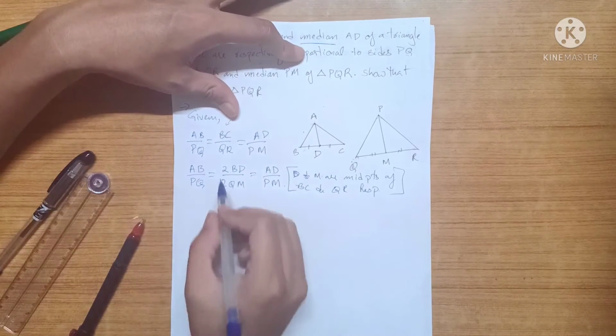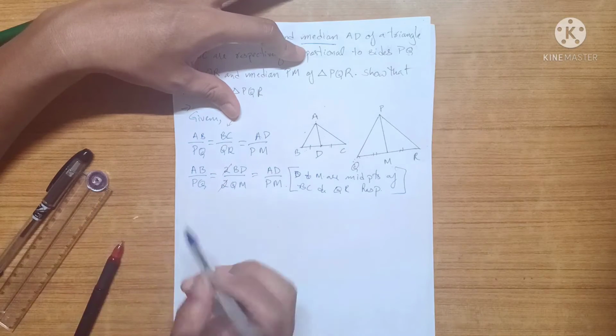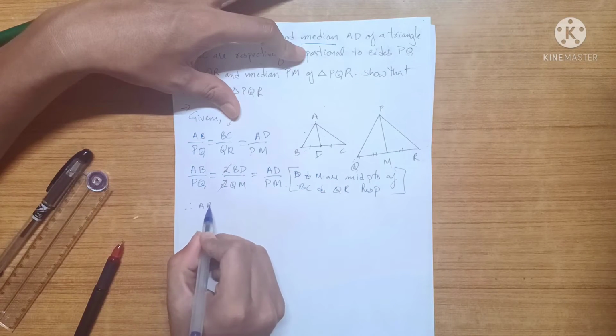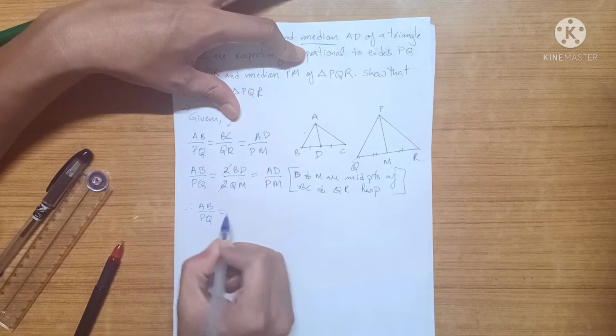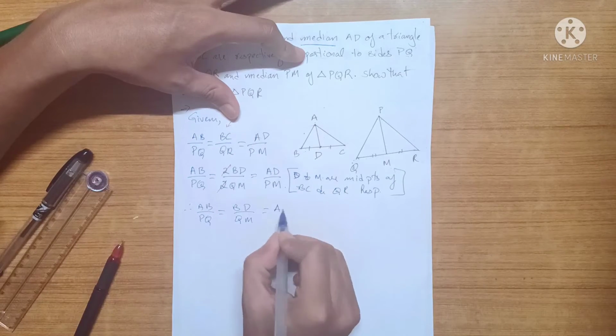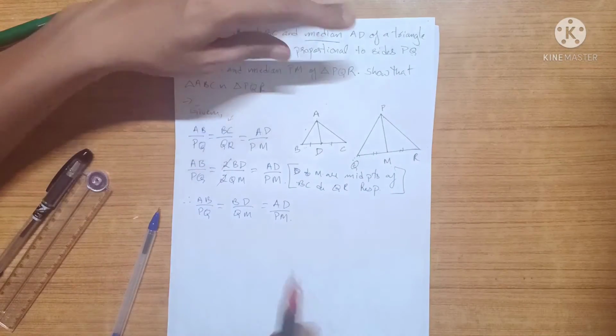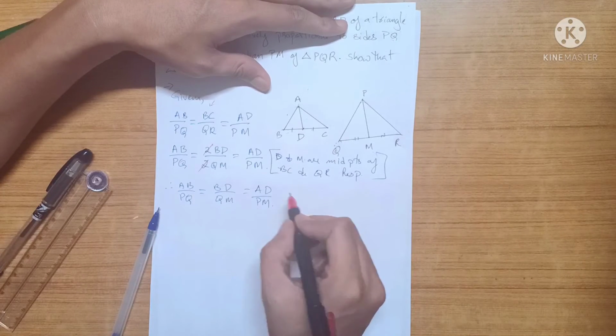Okay, now from here I can cut 2 and 2, which leaves us with what? Therefore AB by PQ equal to BD by QM equal to AD by PM. So what can we say now? This is a rough section, okay? You don't have to draw this.